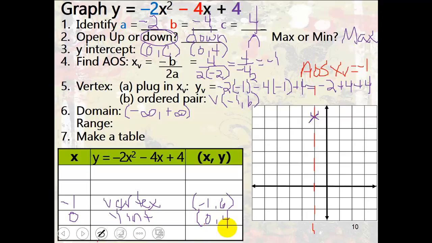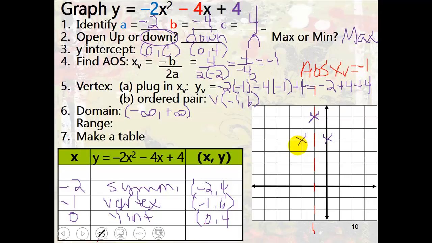And then by symmetry, I'm going to have negative 2, 4. So here's 0, 4. Okay, so look, I moved one space to the right of the axis of symmetry. So that means if I move one space to the left, I have to have a point right there. So it has to be negative 2, 4.